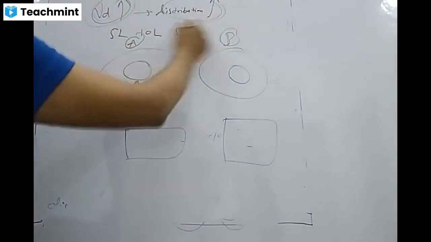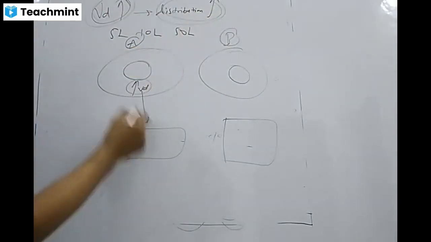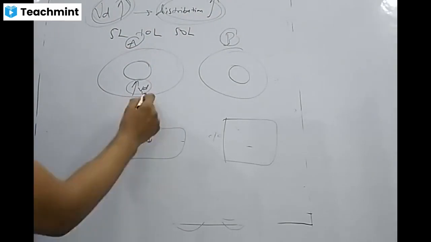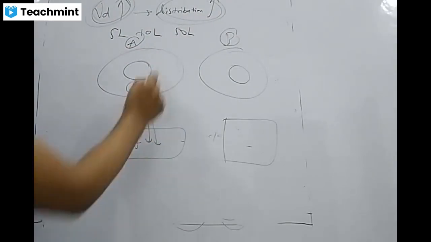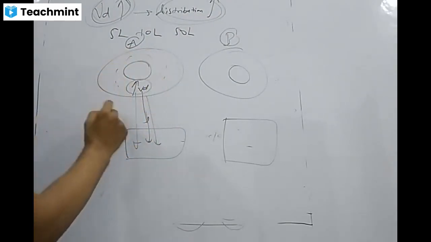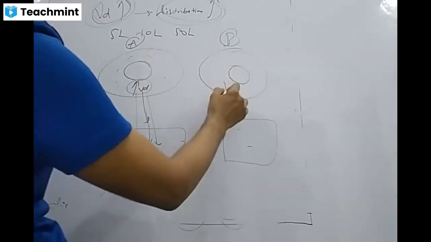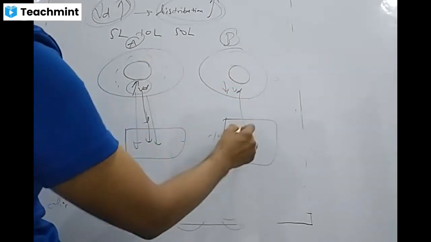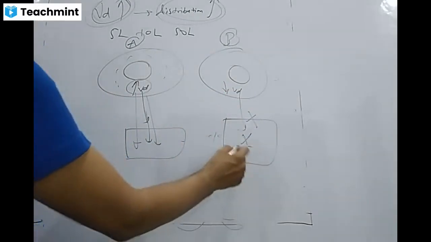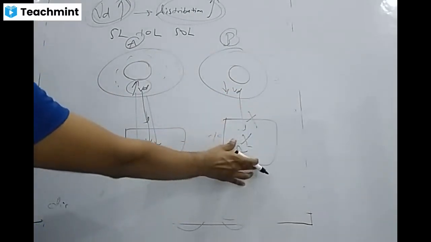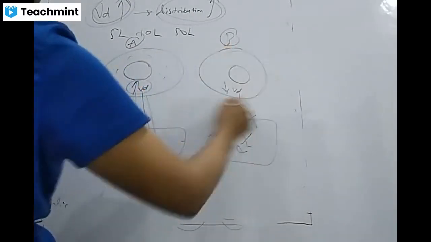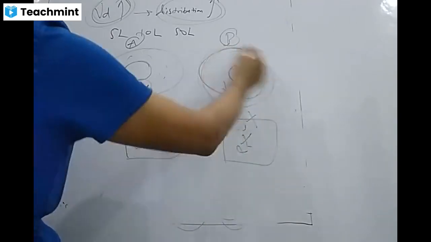As the VD increases, distribution increases. More VD means more will enter into tissues, less will be in the plasma. Opposite to that, less VD means less distribution, less drug will enter into tissues, it will remain inside the plasma.